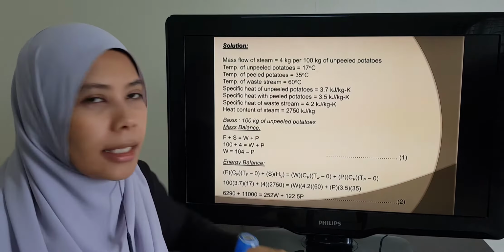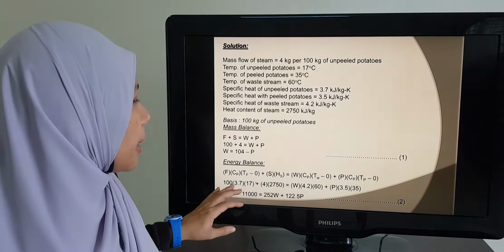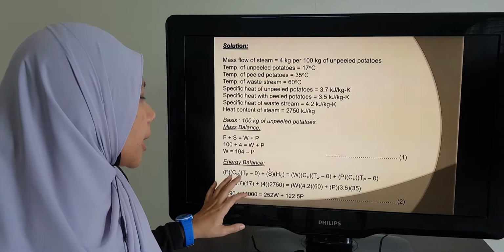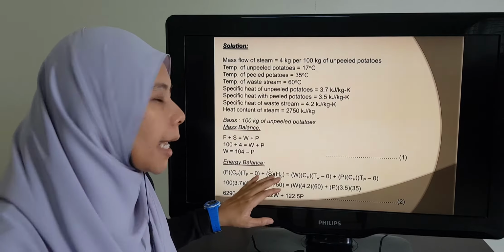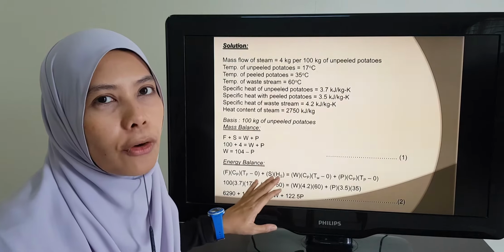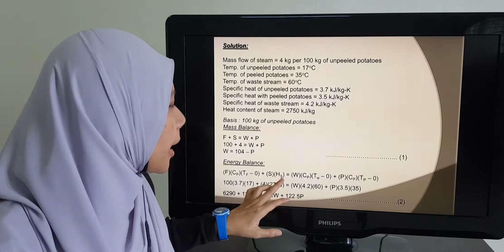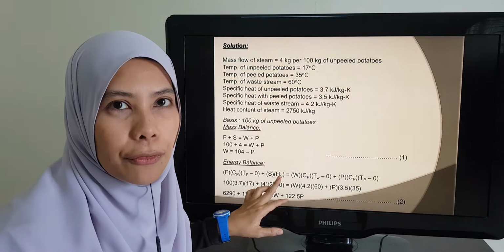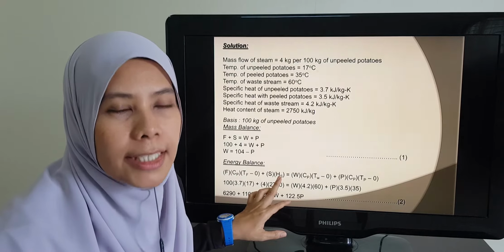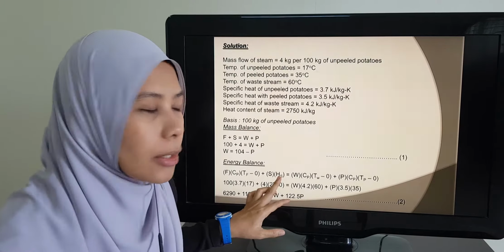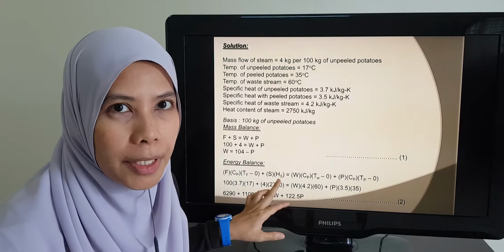Then for the energy balance, this one is MCp delta T. Look here, this MCp delta T is for the unpeeled potatoes. This one, SH, is meant for the steam. For the steam, we have the mass, but the value given in the problem statement is the latent heat, the enthalpy for the steam, whereas it is Cp T, so it is represented by H, enthalpy.